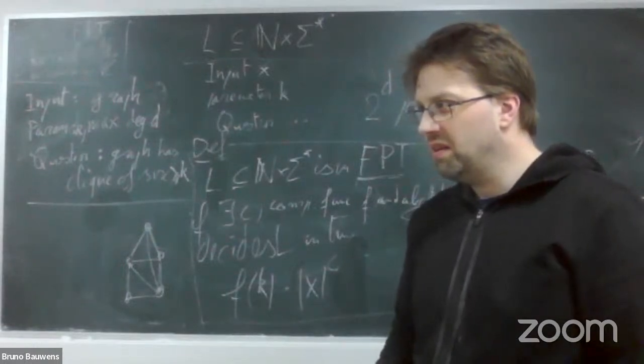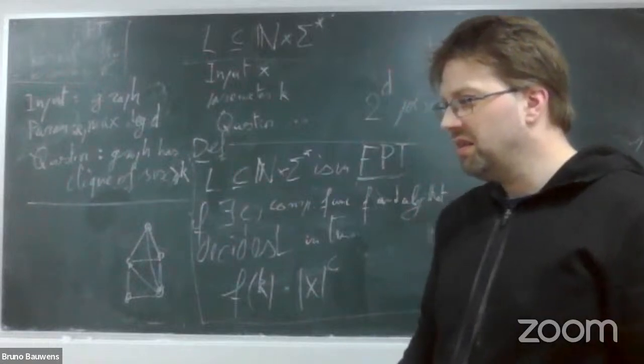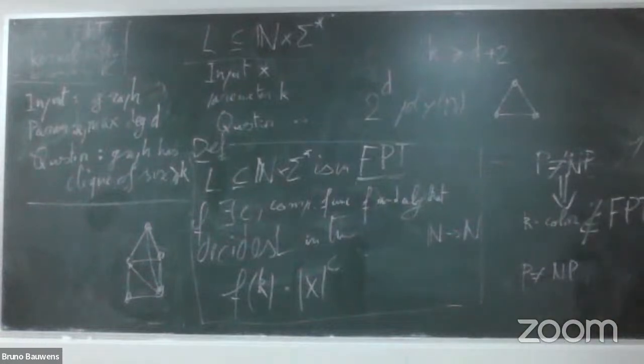Do we always need to pick a node with maximum degree? So we need to pick nodes with degree at least k minus one, or more. And what's next?